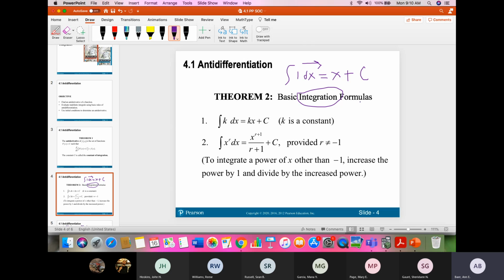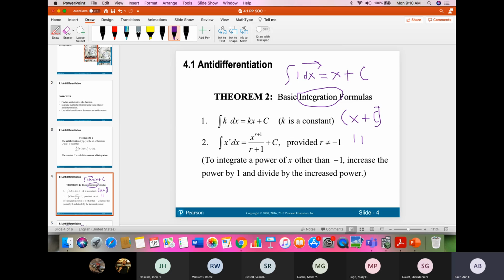So if I want to differentiate this, let me just write it down so we're all clear and on the same page here. x plus c. If I want to differentiate that, the derivative of x is 1.